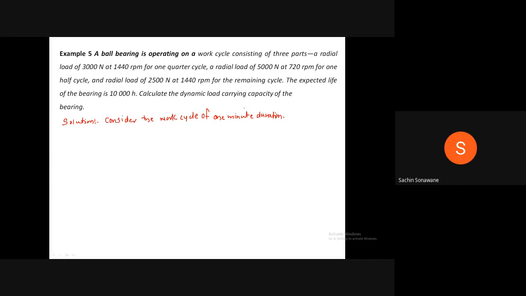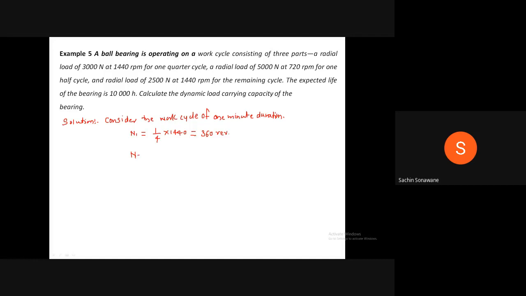Therefore n1 is equal to 1/4 of 1440 rpm, which is equal to 360 revolutions.